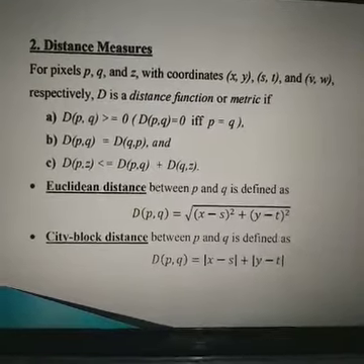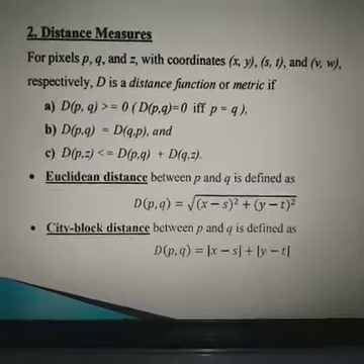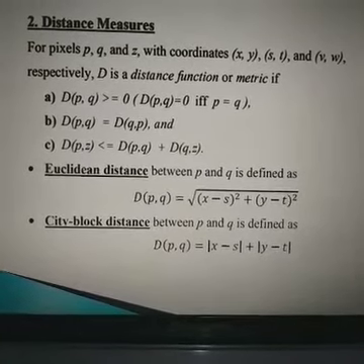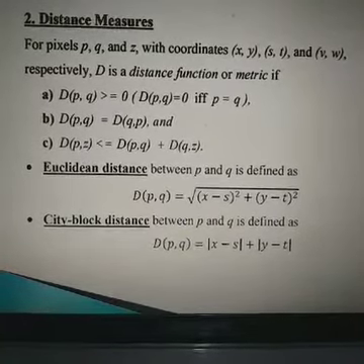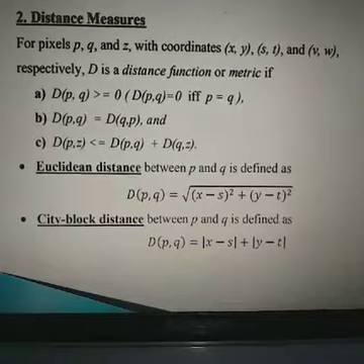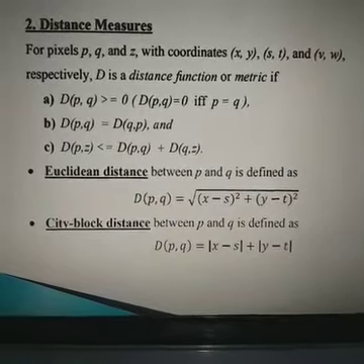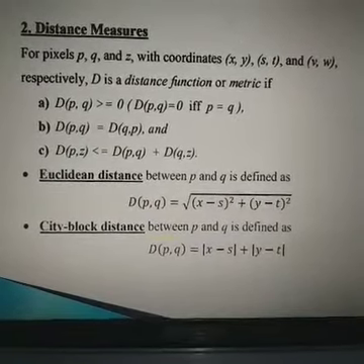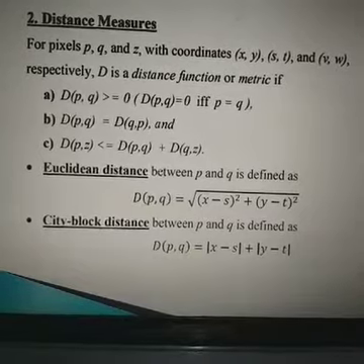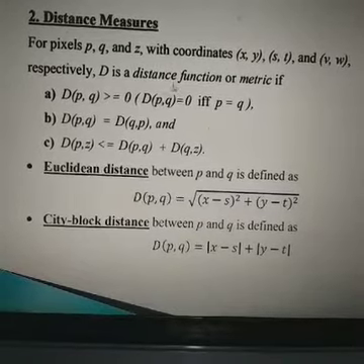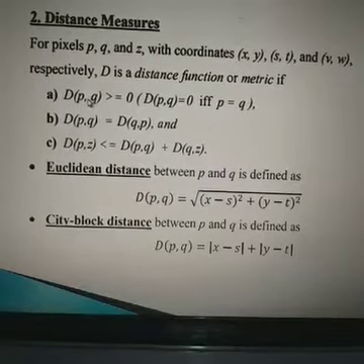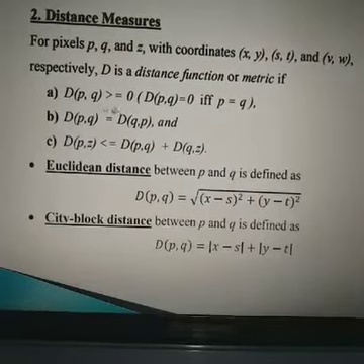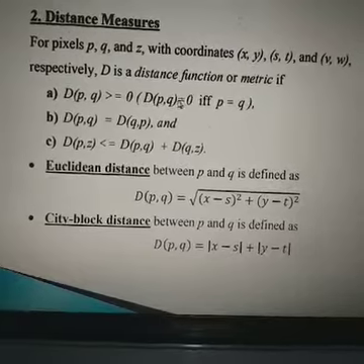Next we have the distance measures for the pixels P, Q and Z with coordinates. If we have three pixels with coordinates x,y for the P pixel, s,t for the Q pixel, v,w for the Z pixel, and D is the distance function or the metric, then we have to check D(p,q) is greater than or equal to 0.